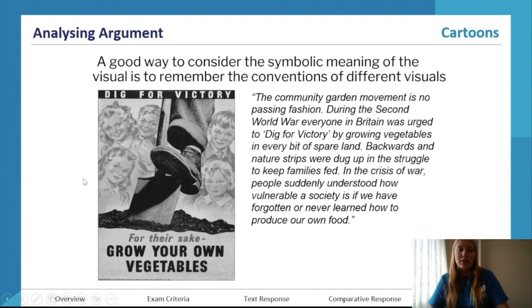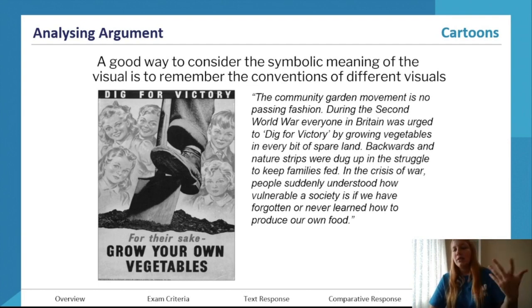So we can mention in the background that those families are depicted to emphasize the idea that they struggle to be kept fed because of that garden movement. Growing vegetables in every bit of spare land.